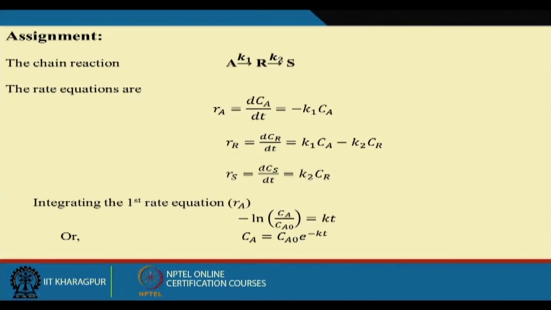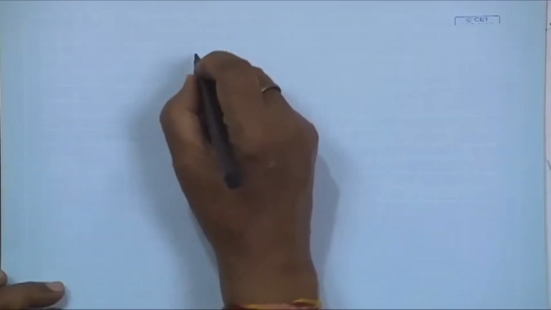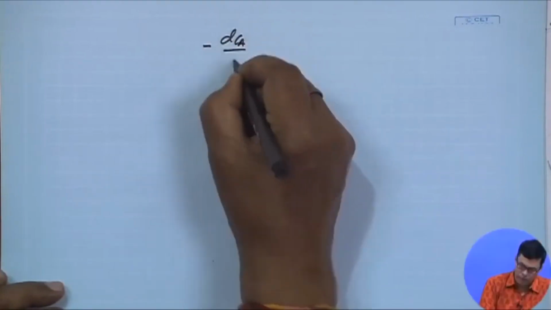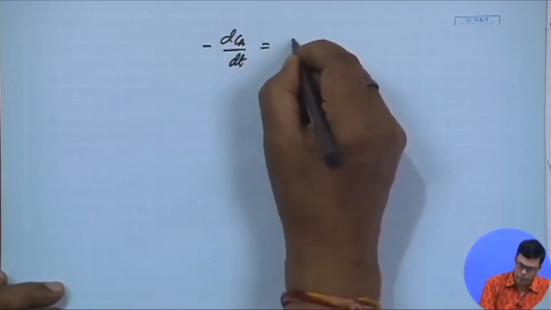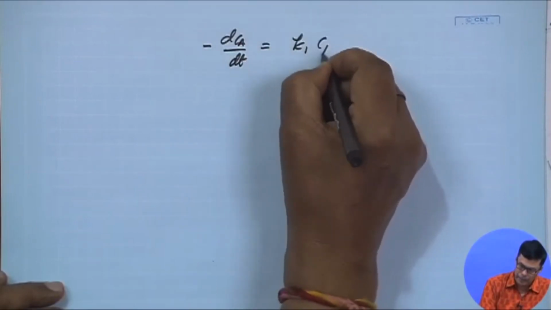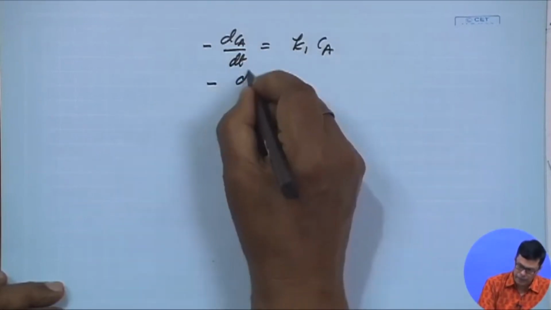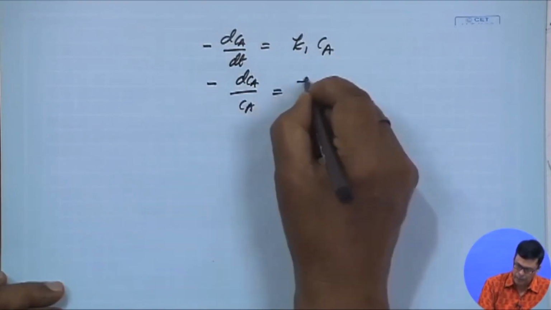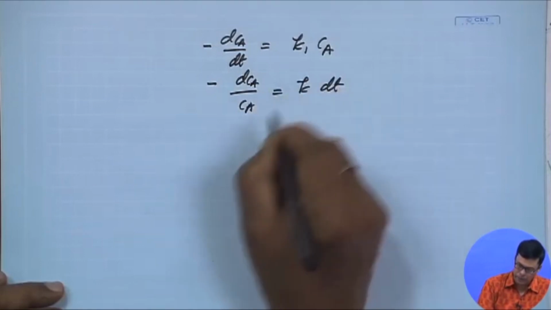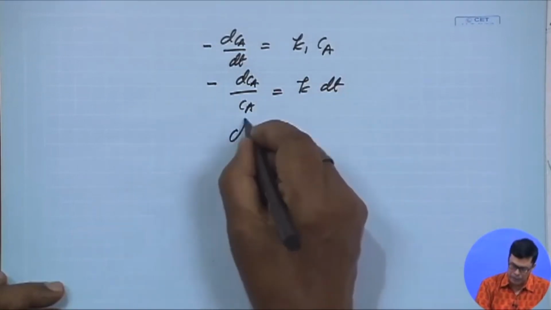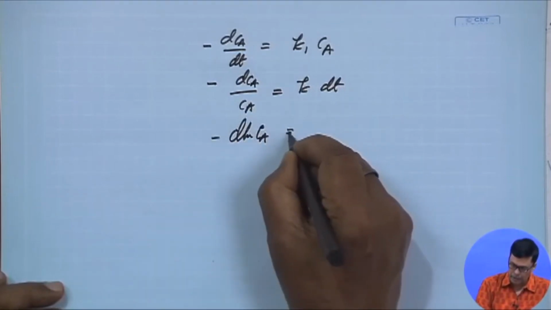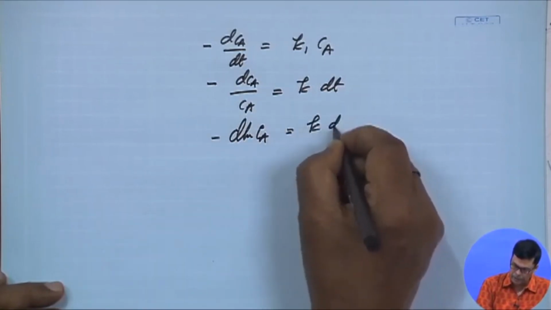Now for the first reaction, minus dCA by dt equals K1 into Ca. Am I right? So we can write minus dCa by Ca equals K1 into dt. Now this is equal to minus d ln Ca equals K dt.